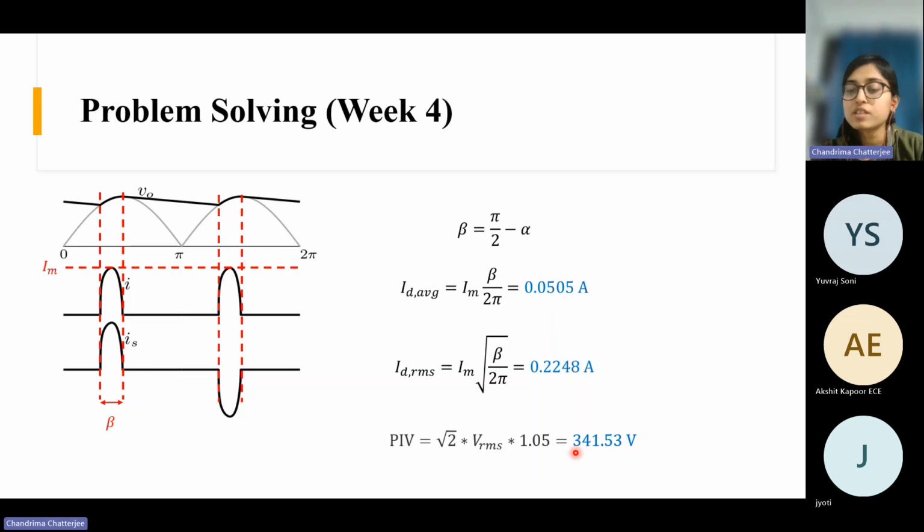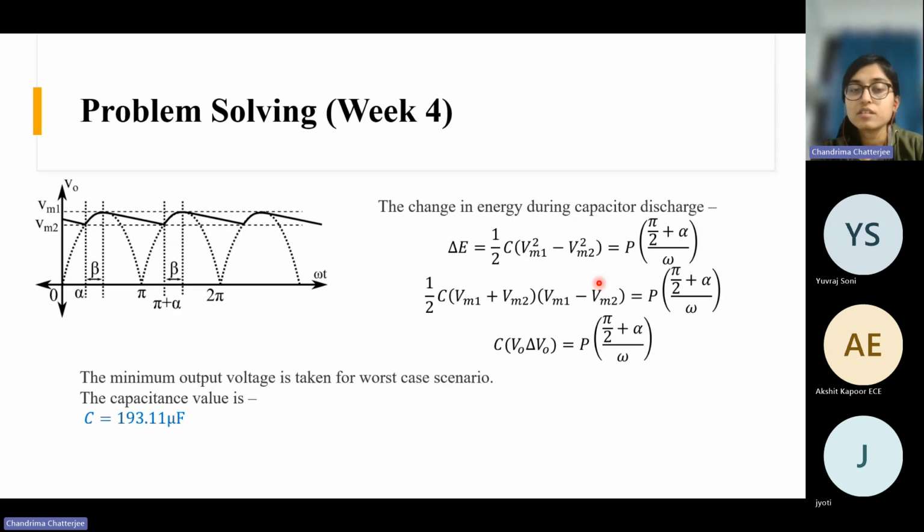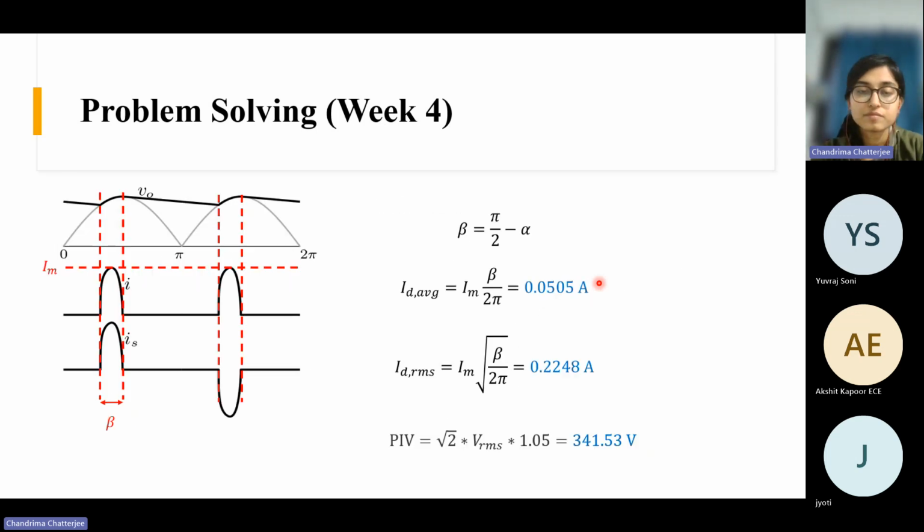So the peak inverse voltage rating of the diode that you choose should be more than this value. Okay, so that's how you can design a diode bridge rectifier.